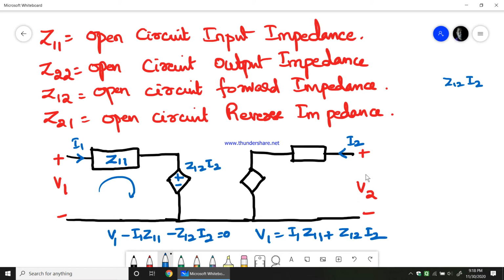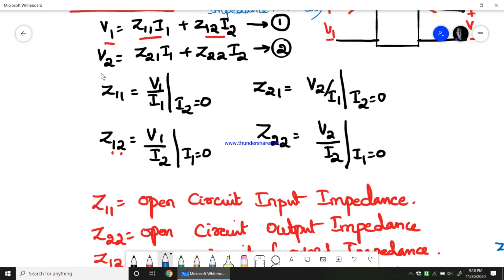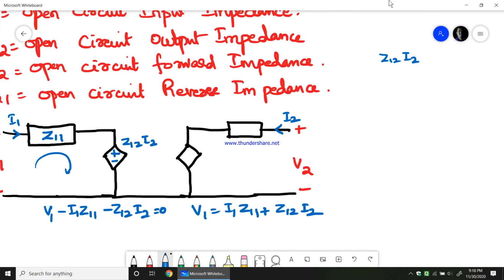Now coming to the second equation, go back and see the second equation: V2 is equal to Z21 I1 plus Z22 I2. Therefore, if I write the KVL for this loop, this is Z22 into I2, and the dependent source is Z21 into I1, because I1 is the input current.